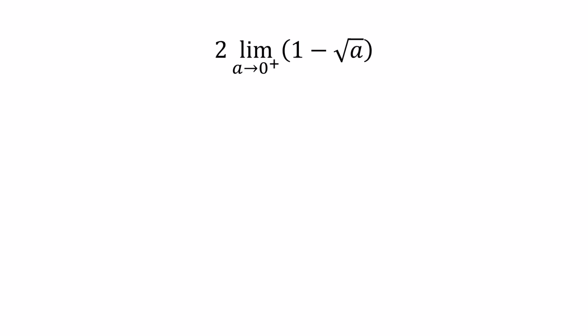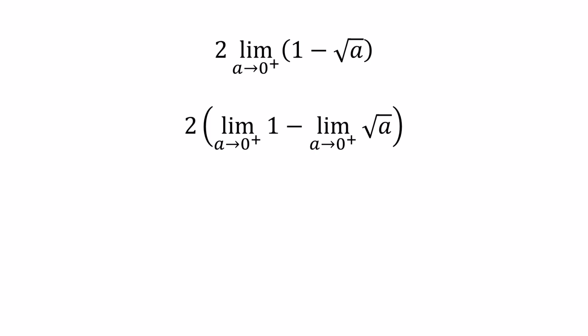Applying the sum rule, we get 2 times the limit as a approaches 0 plus of 1 minus the limit as a approaches 0 plus of root a.